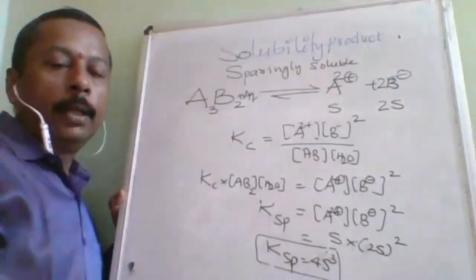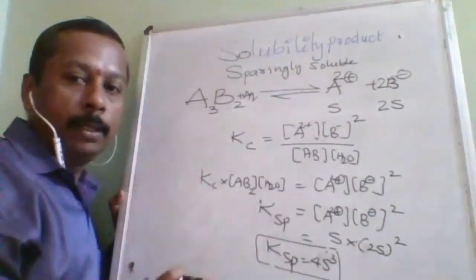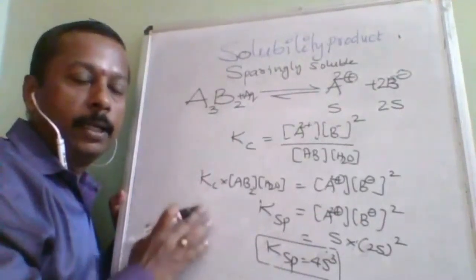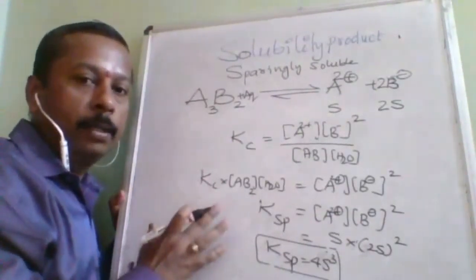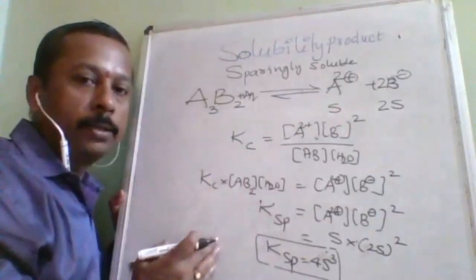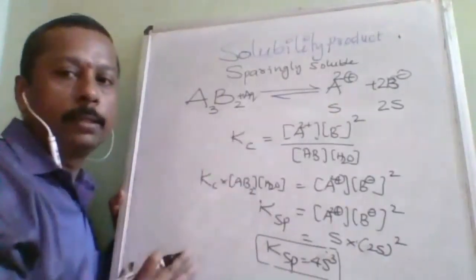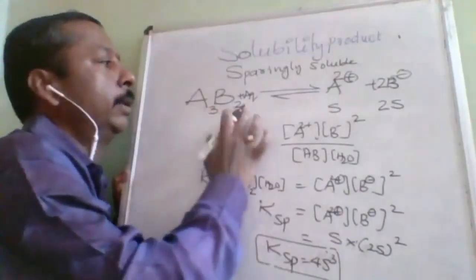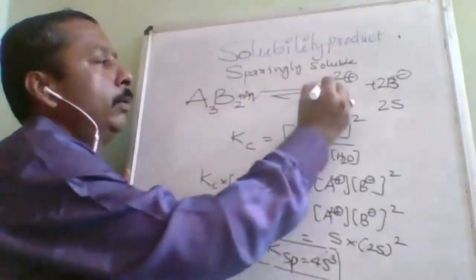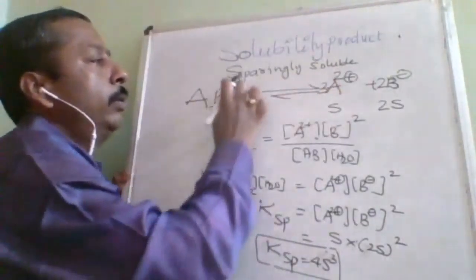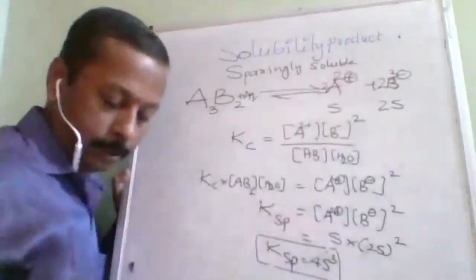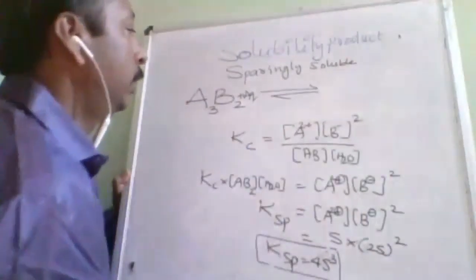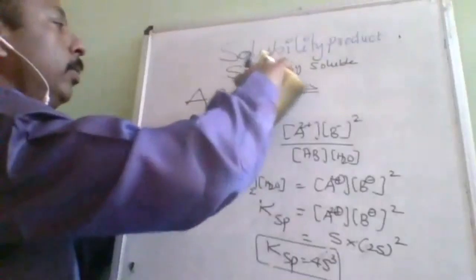Slowly, I am changing things for an in-depth analysis. First simple AB, then only the anion changed. Now both are changed, so that you can understand with live examples. So A3B2: what is this 3 going to change here, and it is going to affect the charge here.